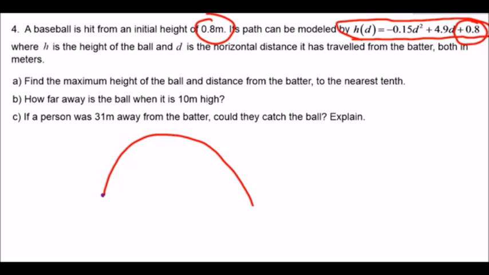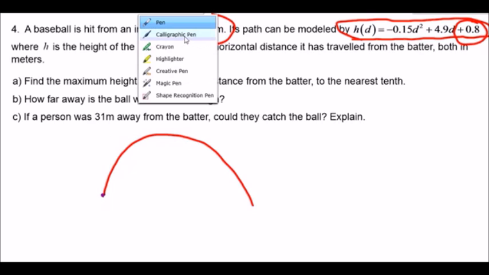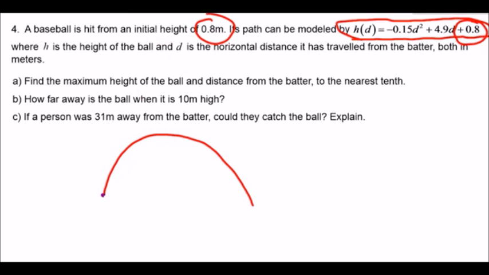So if we think about this as a quick idea about what's going on in this question, oh, that's not a very good line. Let me use one of my fancy technology tools here. So if we think about this as a potential graph, then what we have is a projectile, and it starts 0.8 of a meter above the ground, and then it goes up to some sort of maximum, which would be the vertex, and then at some point it hits the ground.